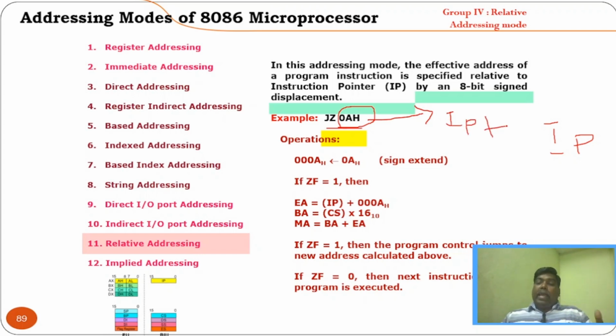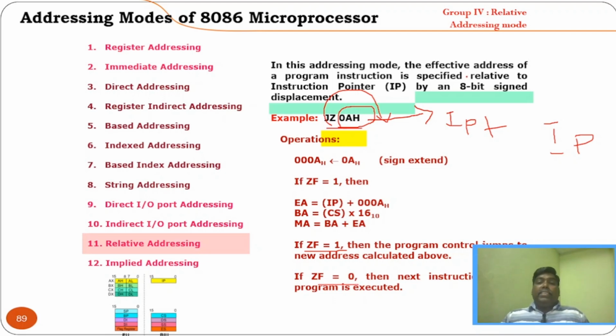After calculating that effective address, what this instruction will do is jump to this particular address location. What is the address location? IP plus 0AH, right? When zero flag is equal to 1. If it is equal to 0, then it will go to the next instruction, right?